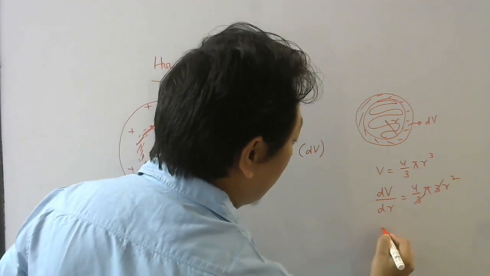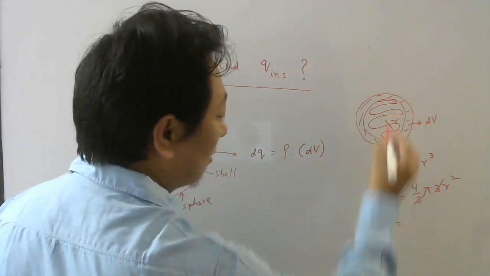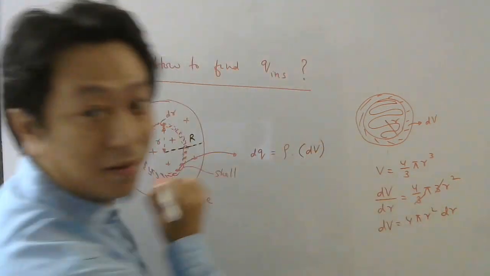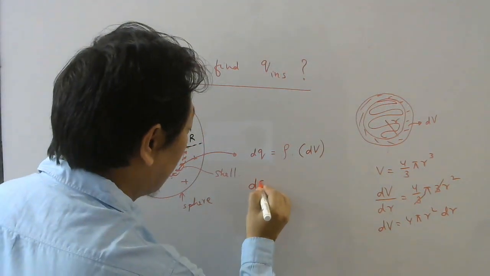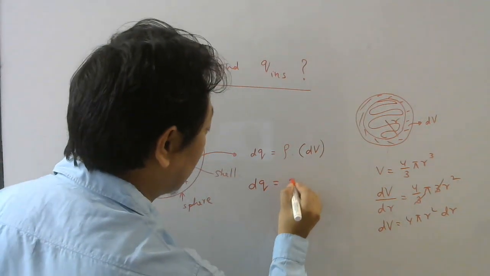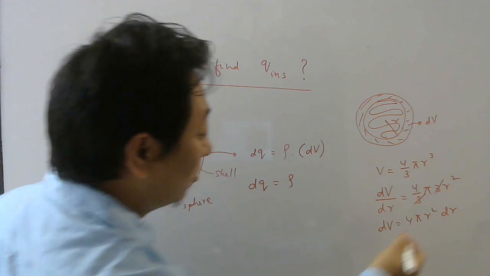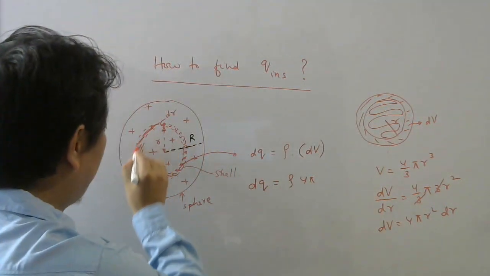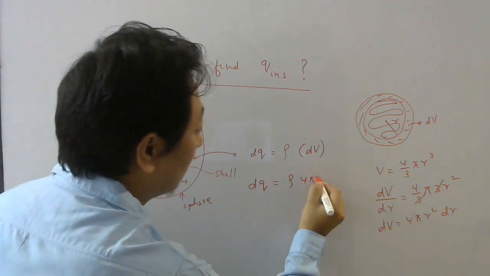So if you cross multiply, the small change in the volume will be 4 pi r square dr. So the charge of this shell can be written as density into dV, where dV represents the volume of this shell, remember, only this volume, right?